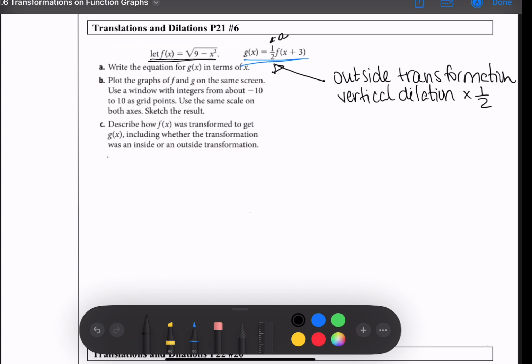Okay, I also have this inside transformation happening. And we usually think of that as our H. So that is an inside horizontal transformation, right?